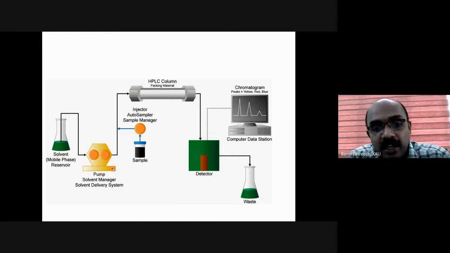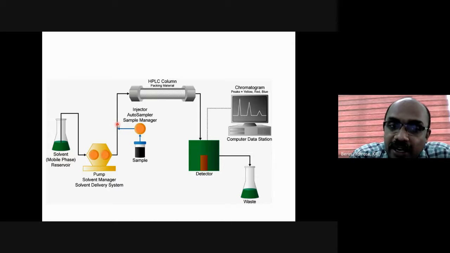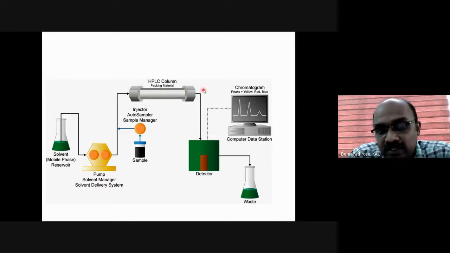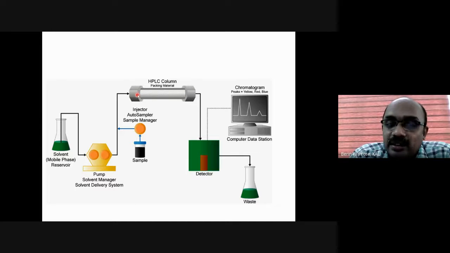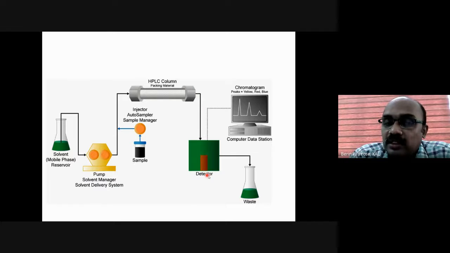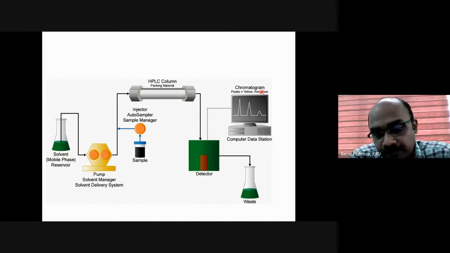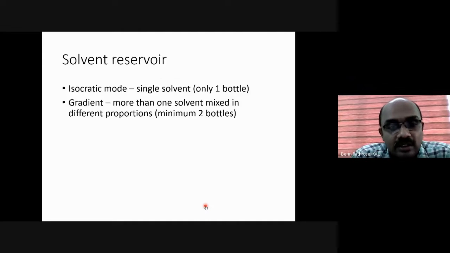In between the pump and the column, we have an injector which injects the sample into the line, so that the sample gets mixed with the solvent and is carried to the column. Within the column, the compounds get separated, and once they come out of the column, they are detected by the detector, and we can see the chromatogram. So this is the diagrammatic representation of an HPLC system.